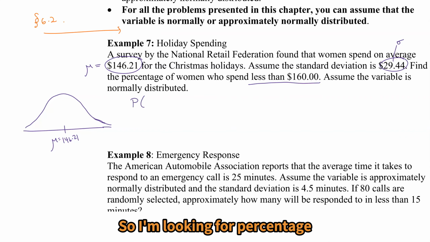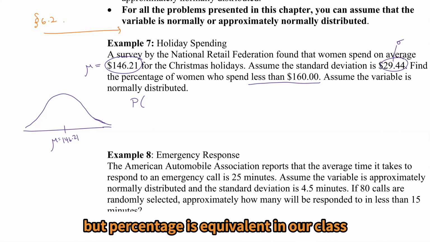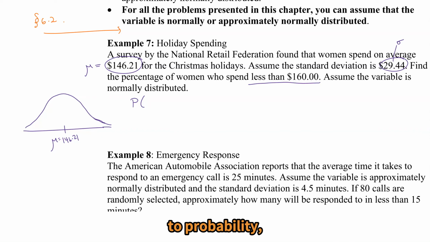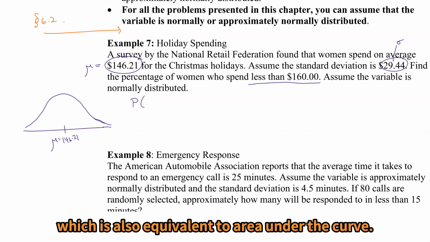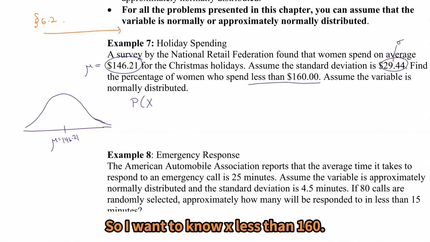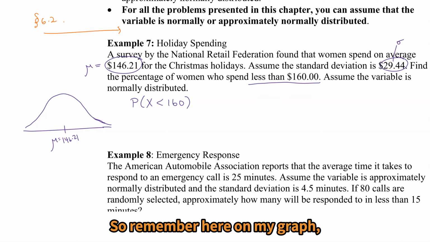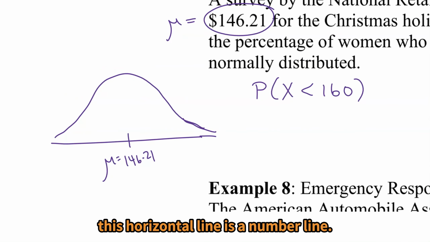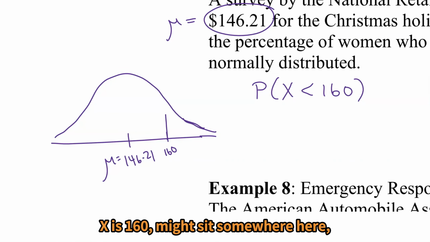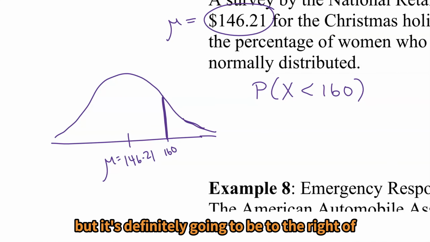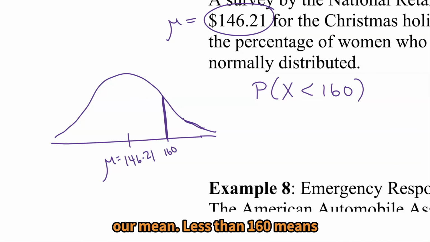And I want to find the percentage of women who spend less than $160. So I'm looking for percentage, but percentage is equivalent in our class to probability, which is also equivalent to area under the curve. So I want to know x less than 160. Remember, this horizontal line is a number line. X is 160. It might sit somewhere here, but it's definitely going to be to the right of our mean.